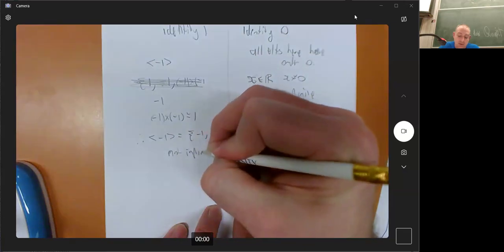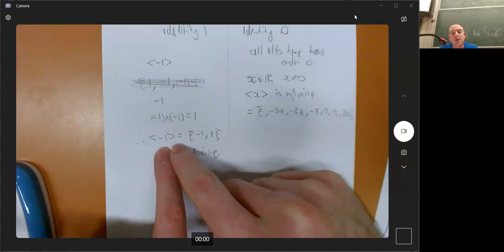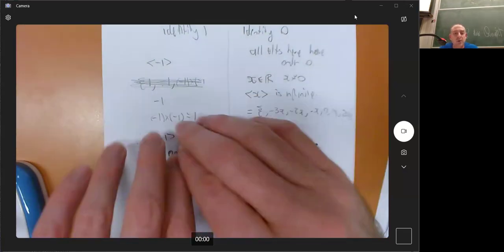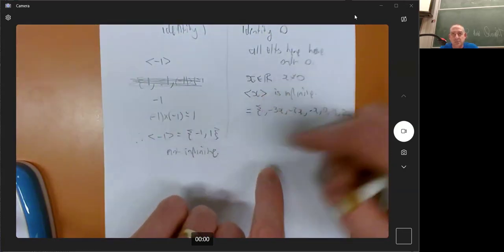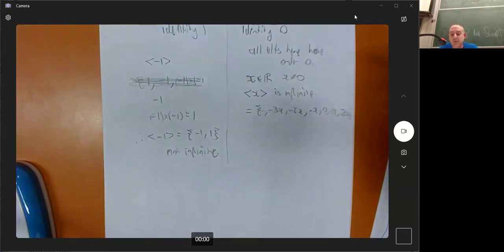Not infinite. So you can't map -1 to anything over here. None of these can map over to -1 because these do not generate finite subgroups. So I think they can't be isomorphic.